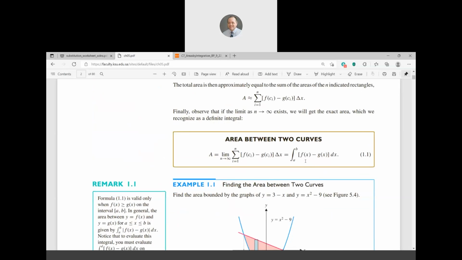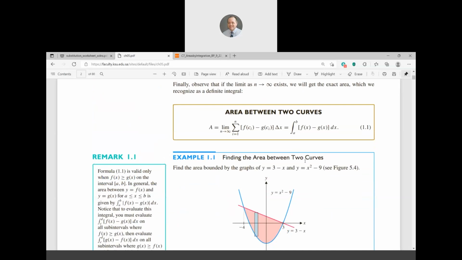It says to find the area between two curves, where your curves are y equal to some x function, you do the integral from a to b of f of x minus g of x. In more informal terms, you're just taking the top curve minus the bottom curve.